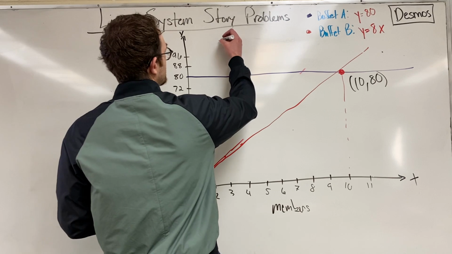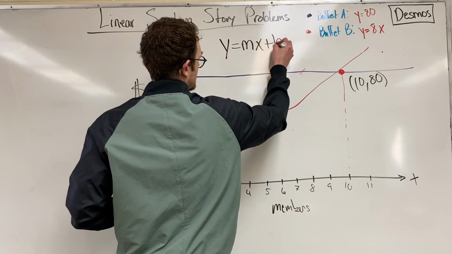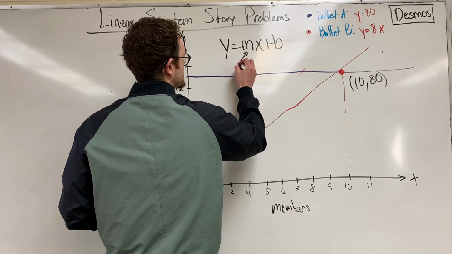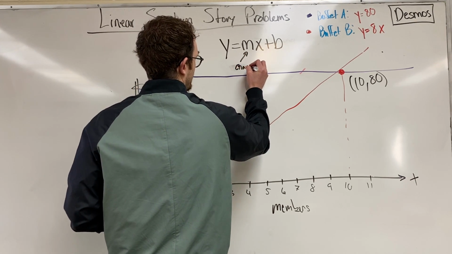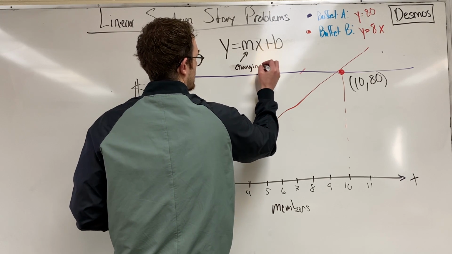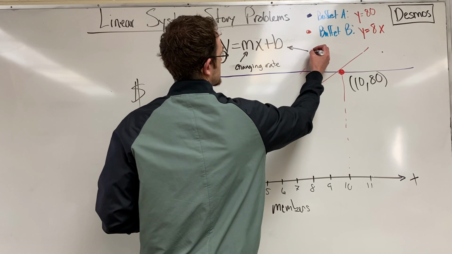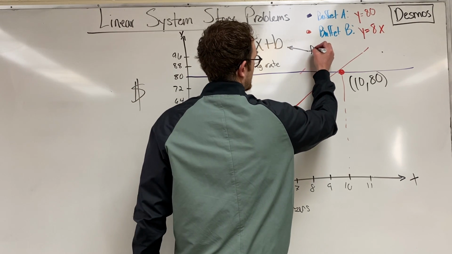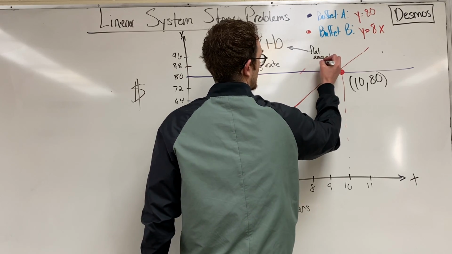All of them can be written in y equals mx plus b, where m is the changing rate, and b is the flat amount, right?